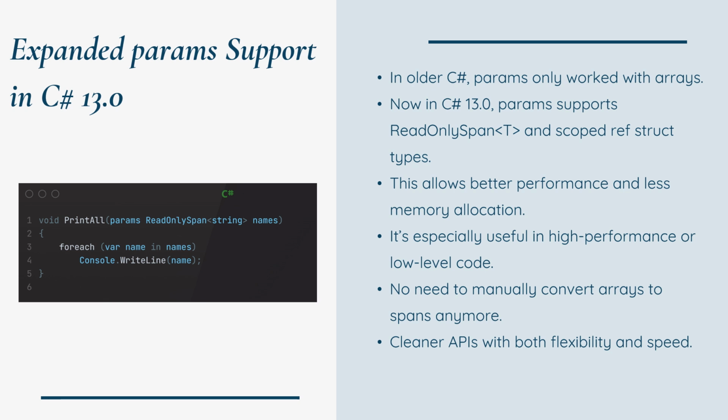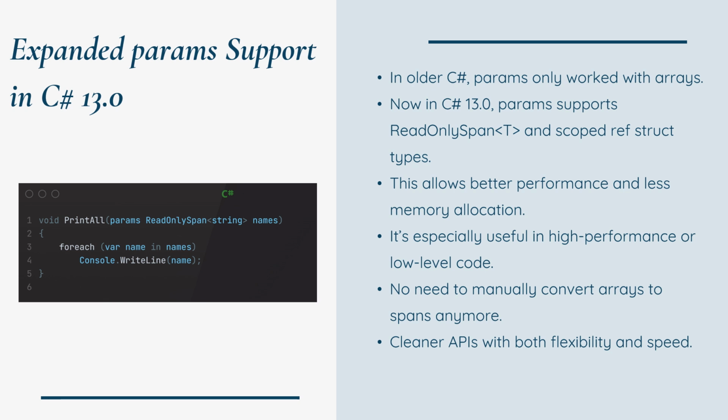If you have used C# before, you probably know that params allows us to pass a variable number of arguments to a method, usually using an array, and it was useful but limited.